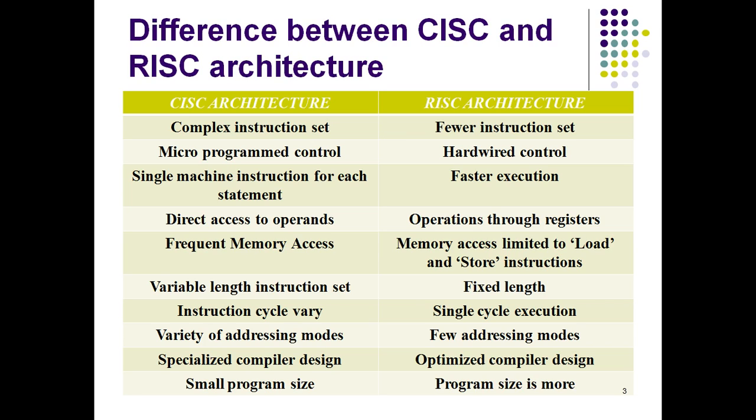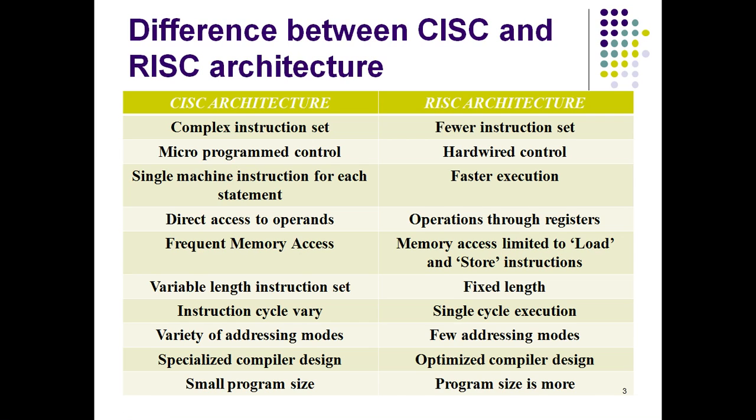So the goals of both of them are a little bit different. We'll understand it as and when we see the differences. You also saw that today's processors are just a mixture of both these architectures. Today's processors take the best of the RISC architecture and the best of the CISC architecture, merge them, and design today's processor.